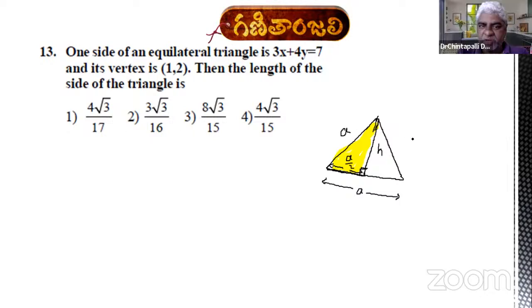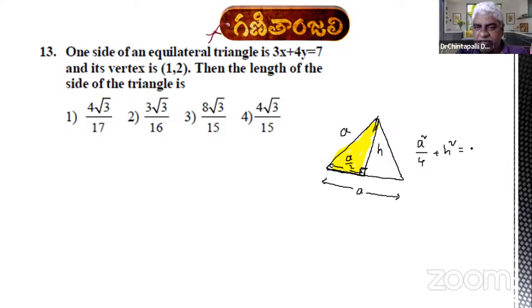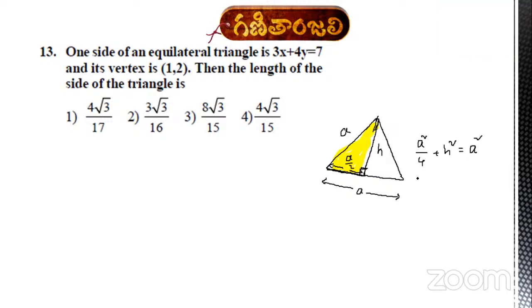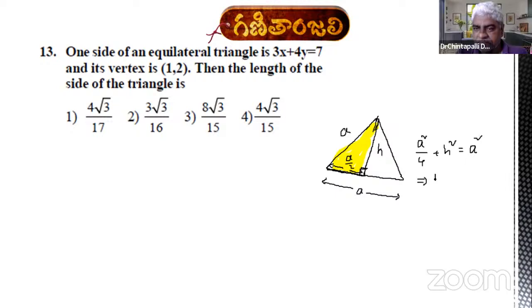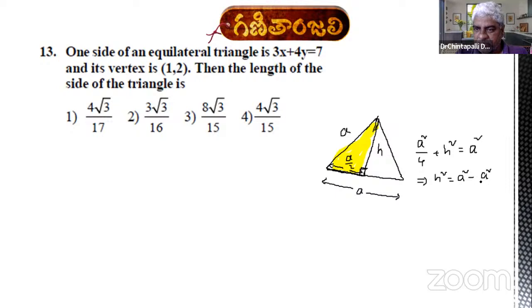Side square plus side square is equal to hypotenuse square: A square by 4 plus H square is equal to A square. From this, H square is A square minus A square by 4.